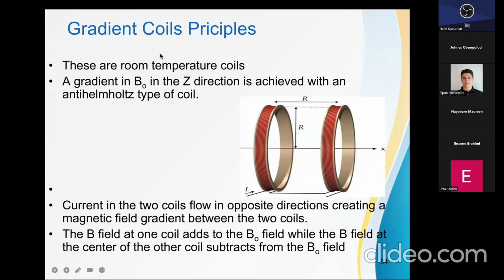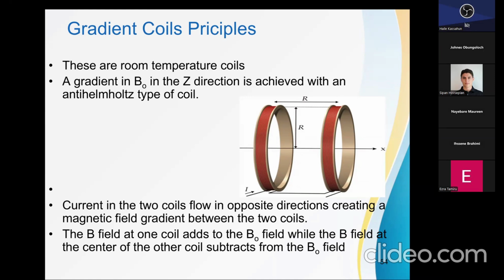Normally you would wish to run them at room temperature. That means you have to be conscious about the currents that you pump in there and also the resistance of the systems. A gradient along Z, for instance, you can wind easily. As you saw behind me, I was winding some electromagnets, some of them this kind of magnets.